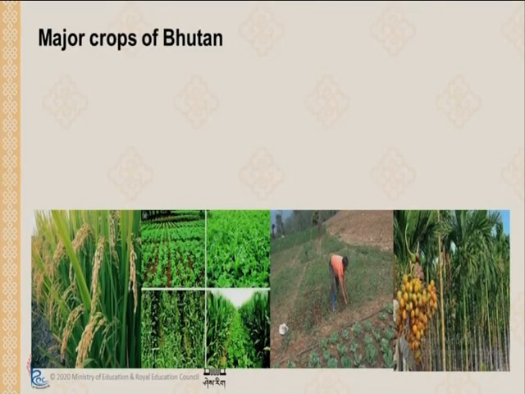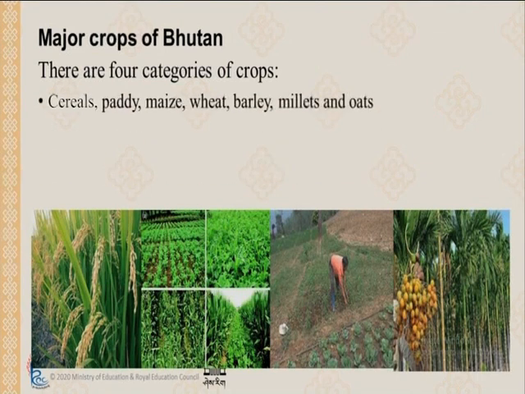Okay. Now, what are some of the major crops of Bhutan? So, here I have listed down the major crops of Bhutan. There are 4 categories of crops. The first one we have is cereals, which includes paddy, maize, wheat, barley, millets and oats.